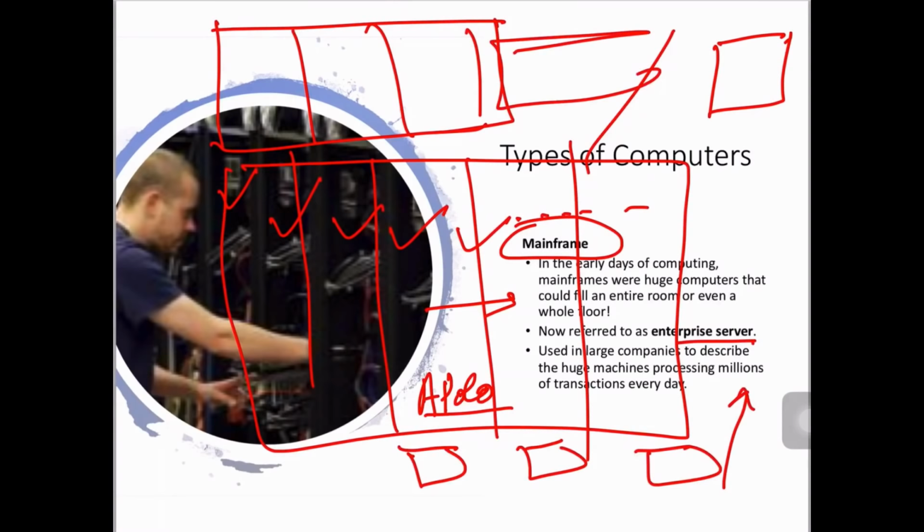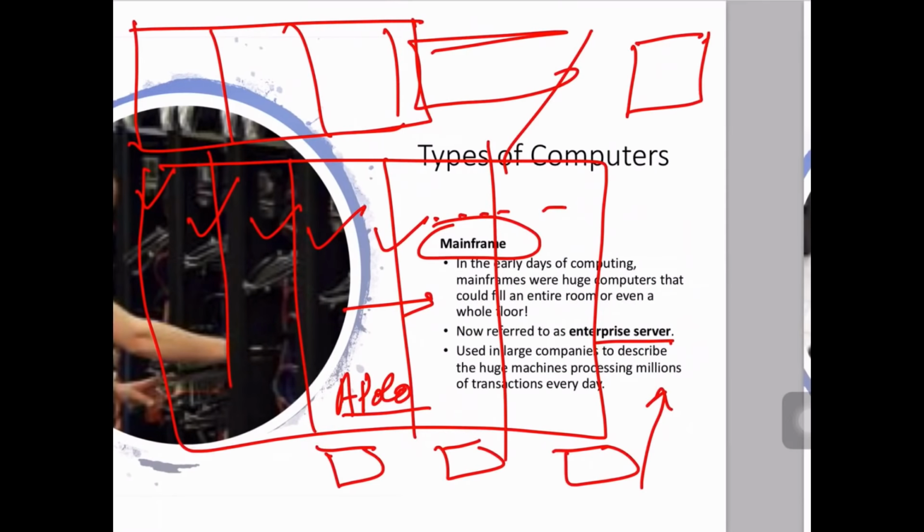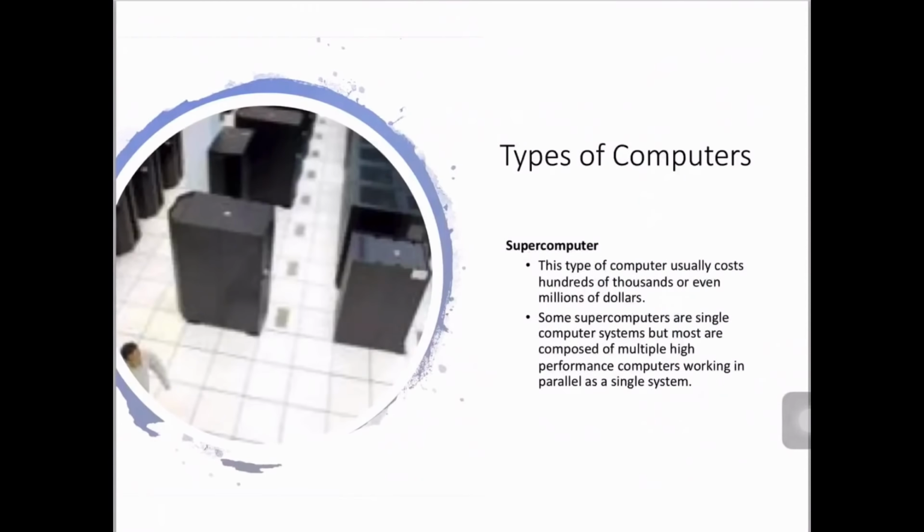Now, mainframes we generally refer to together with supercomputers. For example, we use supercomputers for a Mars mission, for missile tests, for heavy computing like predicting the weather.